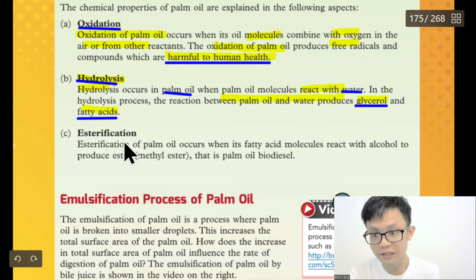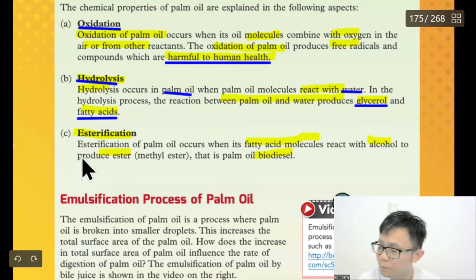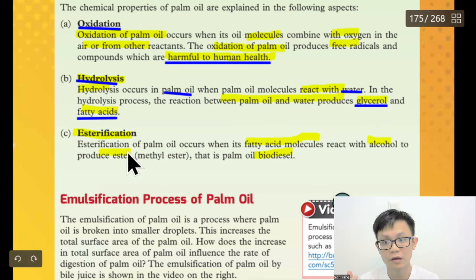Okay, another process is called esterification. In palm oil, it occurs when a fatty acid molecule reacts with alcohol to produce ester, that is palm oil biodiesel. So again, in this process, we use the palm oil with alcohol.